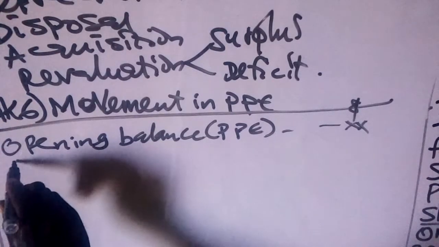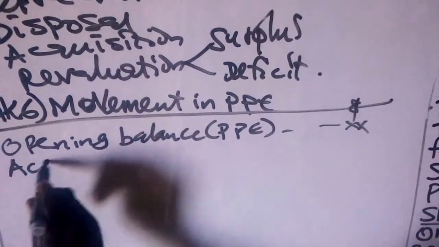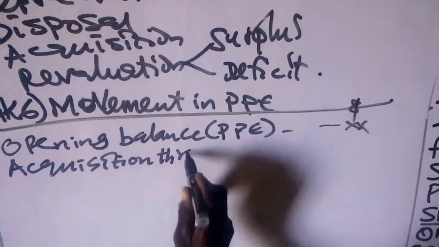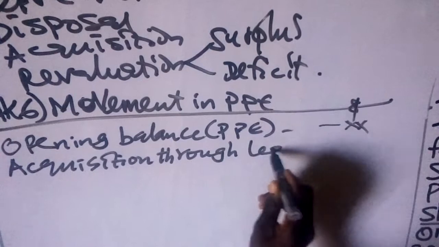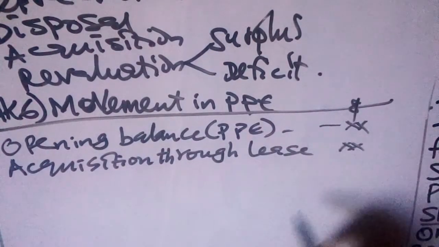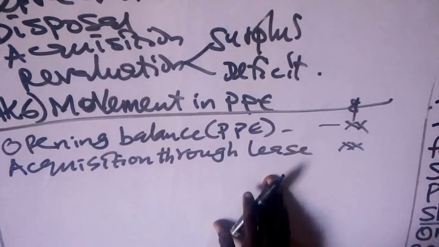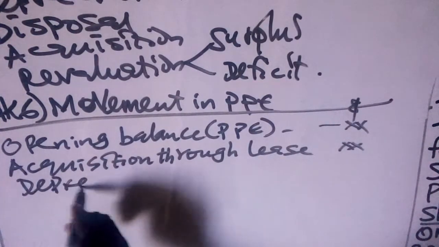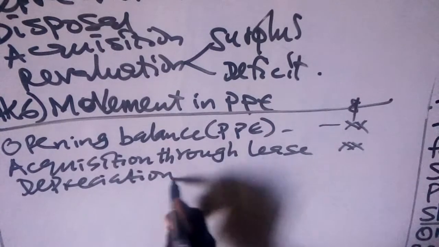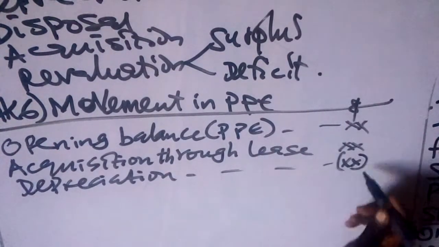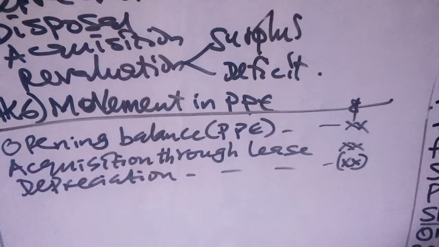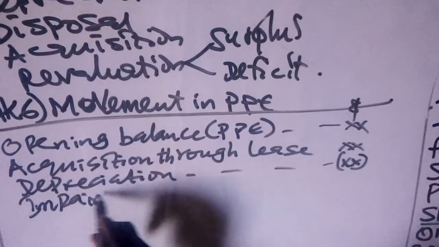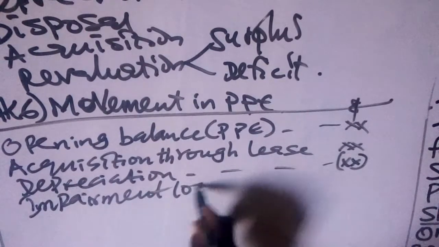The PPE may be acquired through lease. When you acquire through lease, the fair value of the one you acquire through lease will be added. Then depreciation, where there is depreciation, the PPE will reduce, so you subtract the depreciation. Where PPE is impaired, impairment loss, the PPE will reduce.